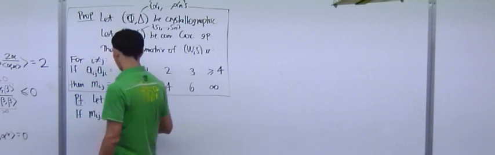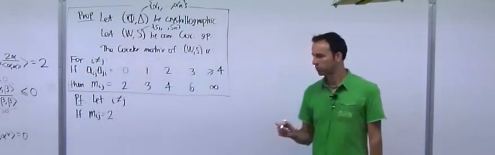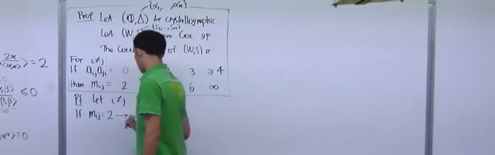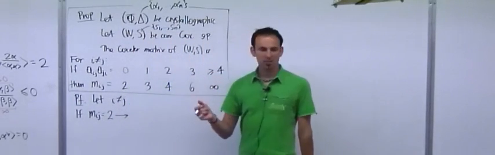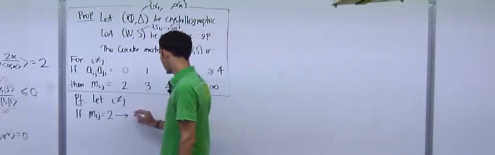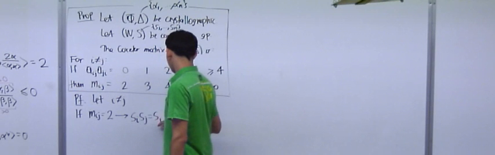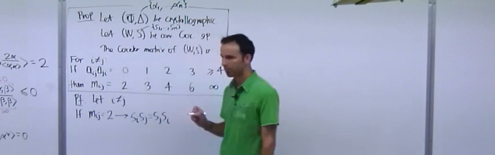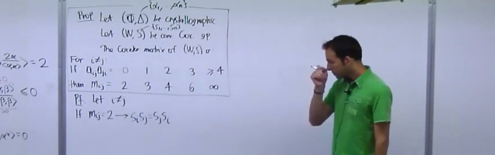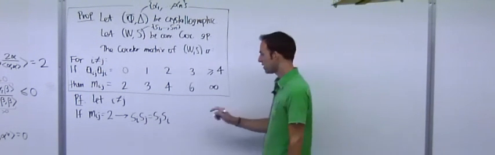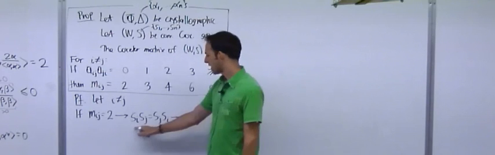What does it mean for mij to be 2? Well, that means Si Sj has order 2, or equivalently that Si Sj equals Sj Si. And if you look back at your notes from 2 classes ago, we said exactly when this happens.